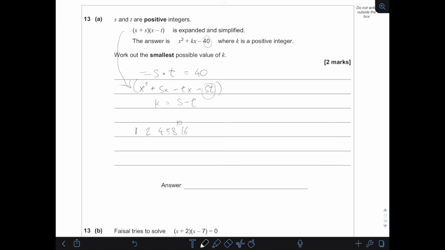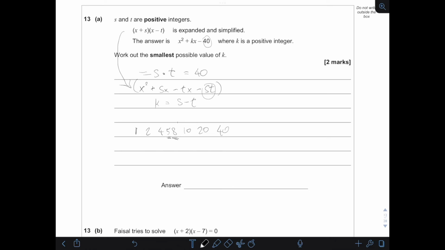No, 16 is not a factor, sorry. We have 8, 10, 20, and 40. So these are the factors of 40, and the closest that makes 40 is 5 and 8.